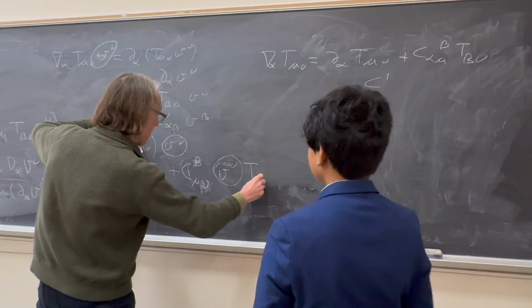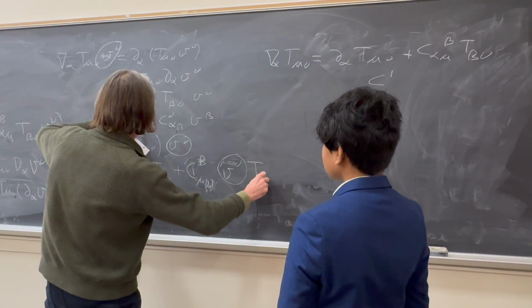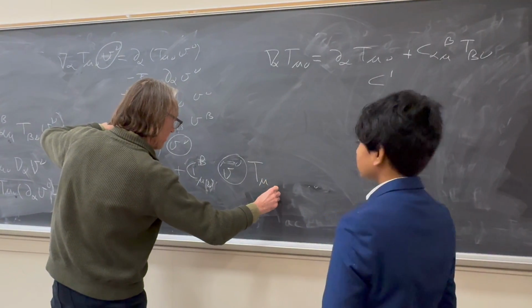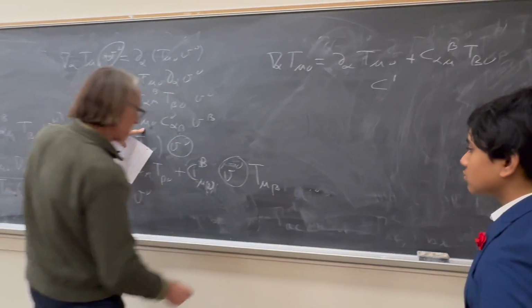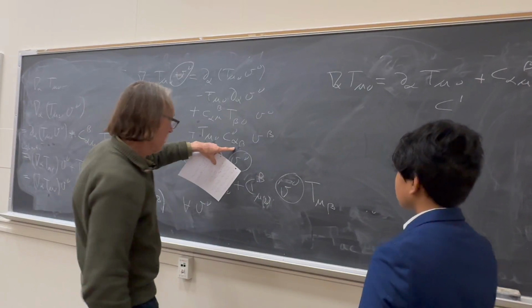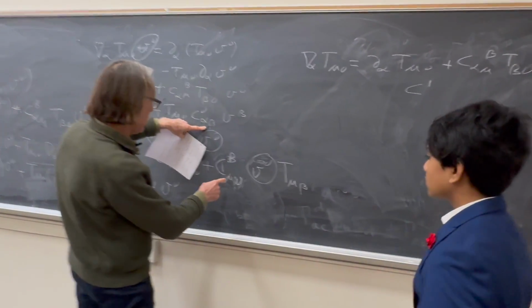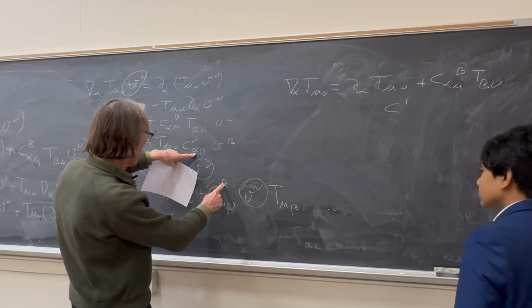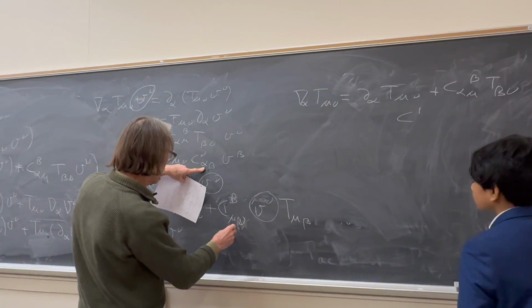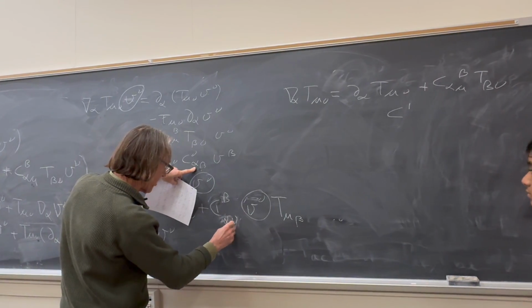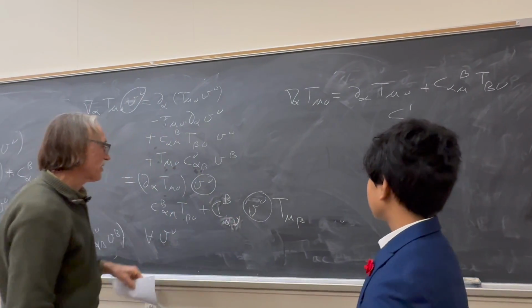So we have T mu, and the nu became a beta, and here I have the C, the nu became a beta, and the beta became a nu, so this became an alpha. So I didn't copy it right.